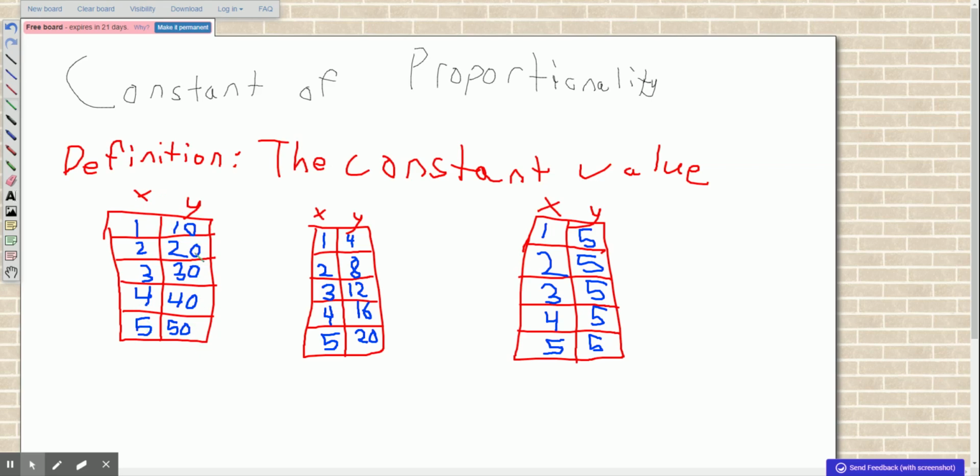If we look at the ratio in this table here, the ratio in my first row is 10 to 1, which means that rate is 10. This ratio here is 20 to 2, which would give me a rate of 10.